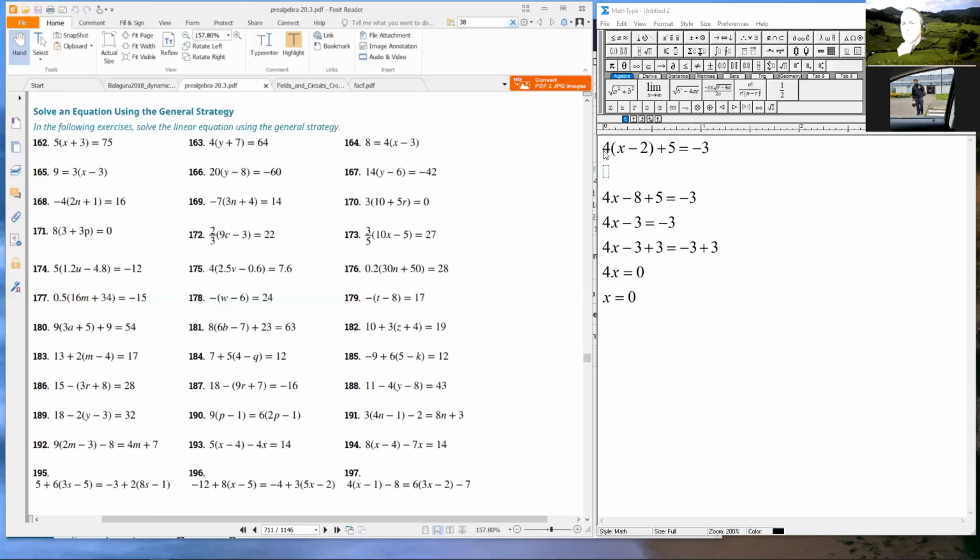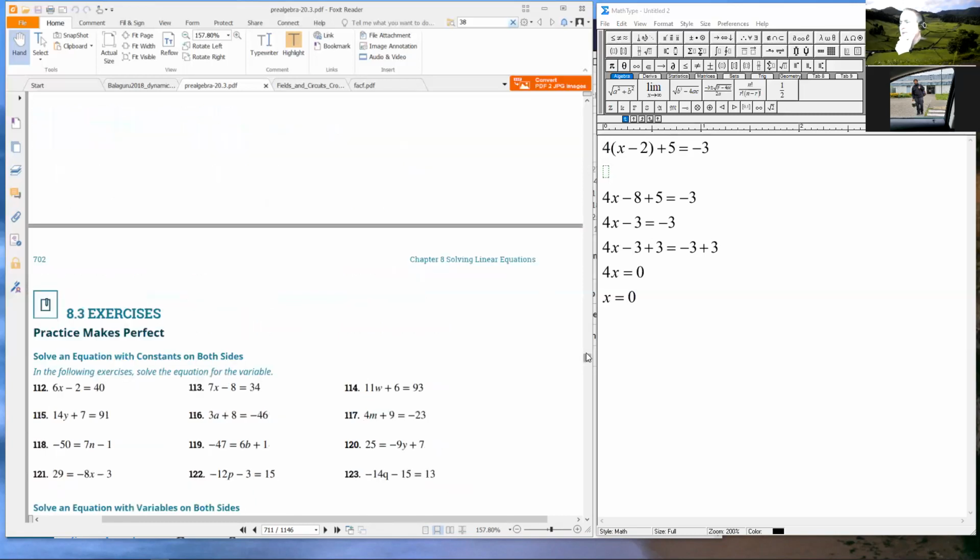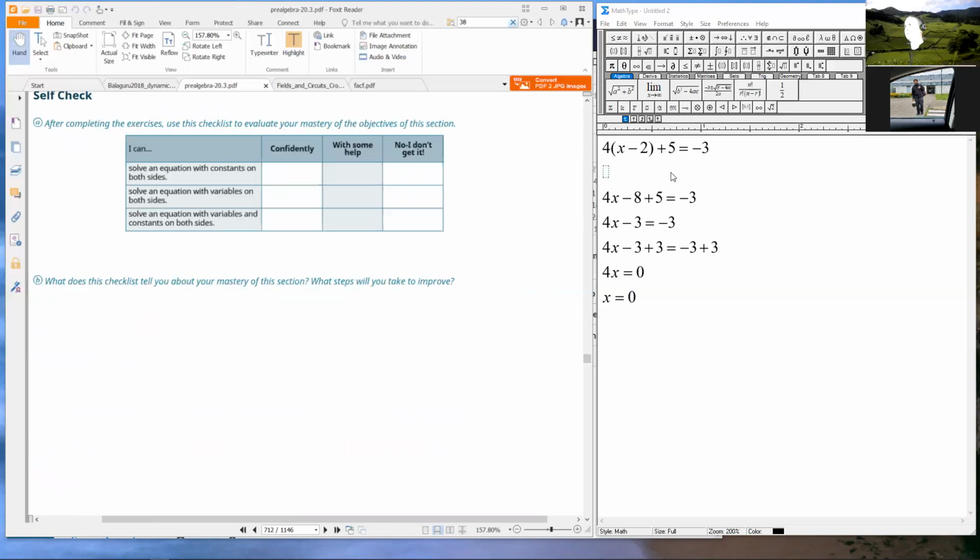Yeah, and just remember that when you see an equation that has x's or y's or p's on both sides of the equation, so you have 5t minus 3 equals 2t plus 2, the thing to remember is that you always want to get it so that all of your variables, everything that has a variable in it, are on one side, and everything that's just a number is on the other side.